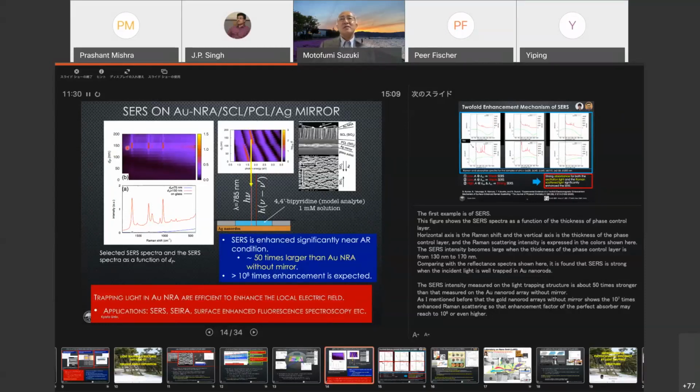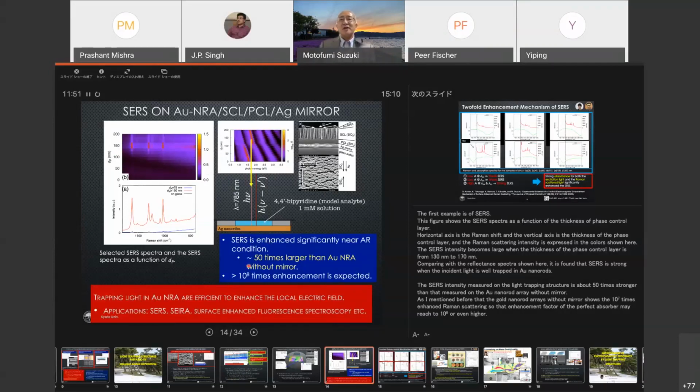The SERS intensity becomes very strong when the thickness of the phase control layer is 130 to 170 nanometers. Comparing with the reflectance spectra shown here, it is found that the SERS is strong when the incident light is well trapped in the gold nanorods.